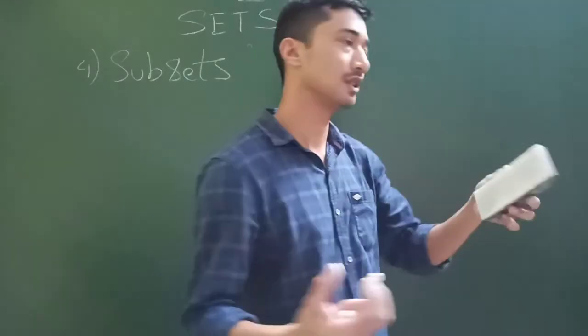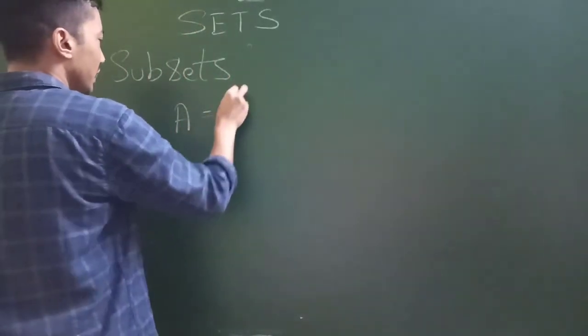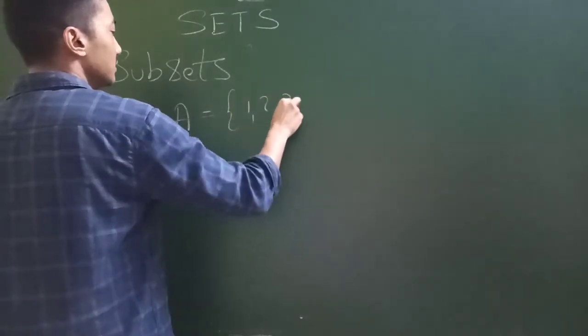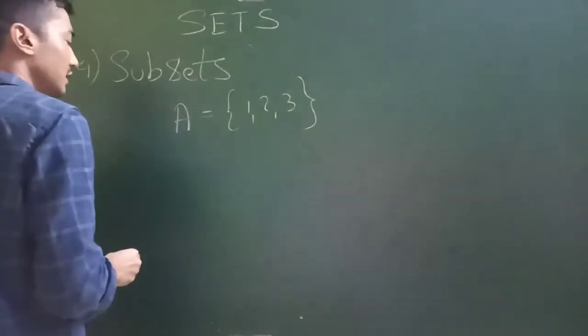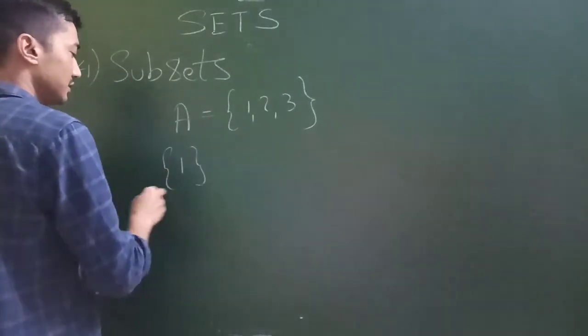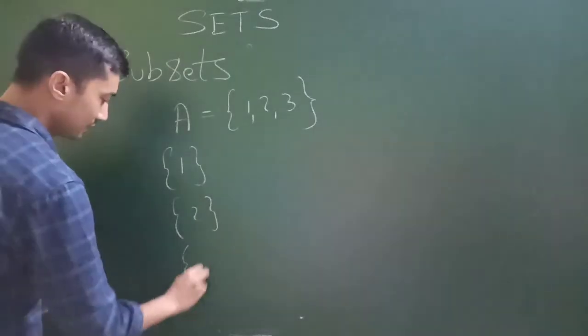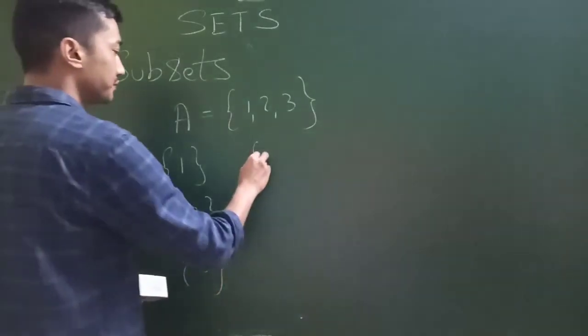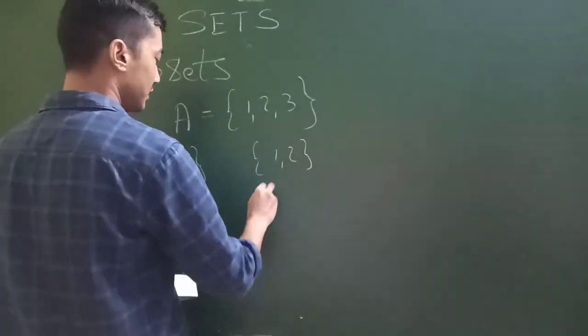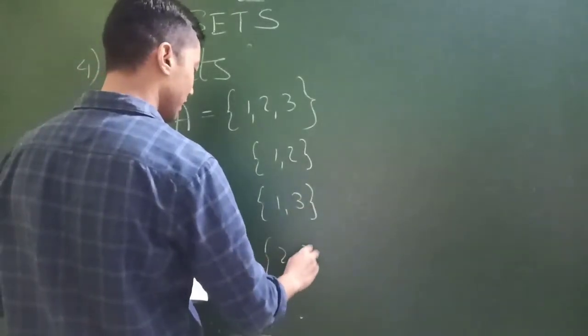Okay, subsets. So for example, if I give you a set A = {1, 2, 3}, these are all options which I can have, no?